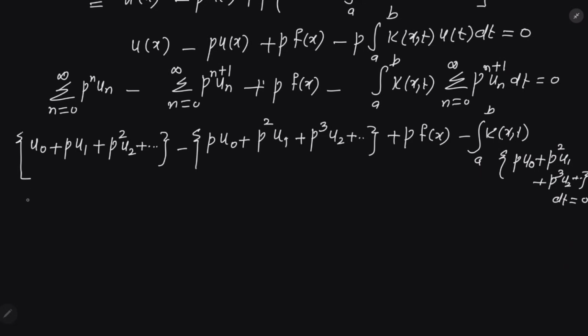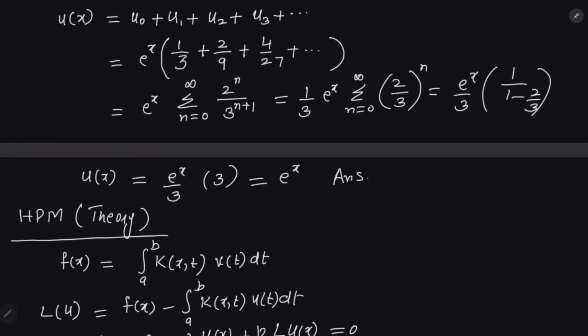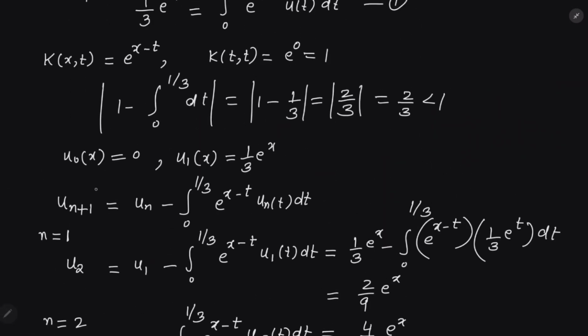If you take a look at the coefficient of p^0, there is no other coefficient of p^0, so this u0 is equal to 0, and that's what we had over here in the equation.